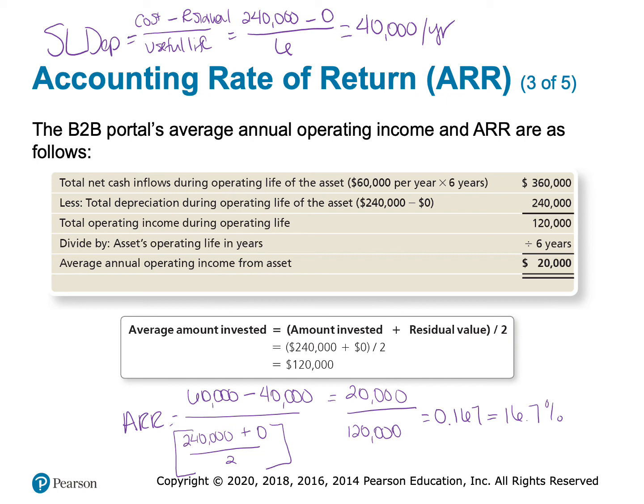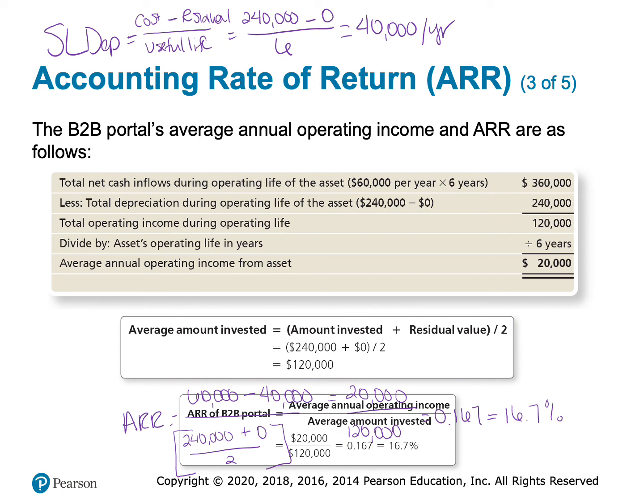So this ARR is saying that we would expect to see net income, profit, increase by approximately, keep in mind this is an approximation, by approximately 16.7% on our income statement. And then we've got that there.